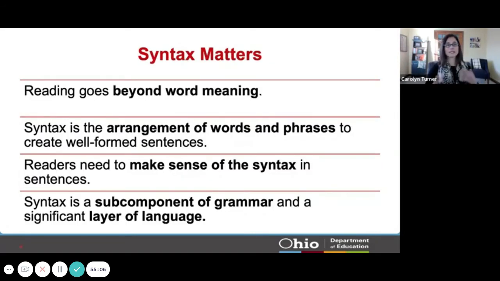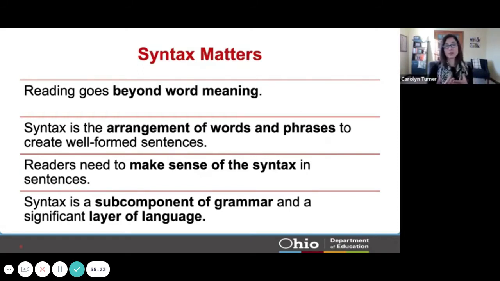All right, so let's think about syntax for just a little bit. We're talking about vocabulary, but it's more than that. It really does go beyond word meaning. We need to think about the arrangement of the words and the phrases. We need to make sure that our students can break down a sentence and find the who and the what. Extremely important. Sentences are all jumbled up and all over the place, but syntax does matter, and the order of the wording does matter.